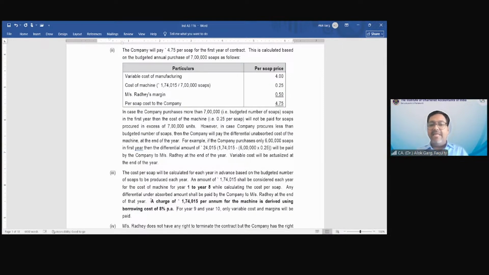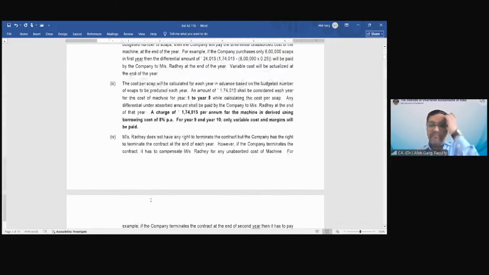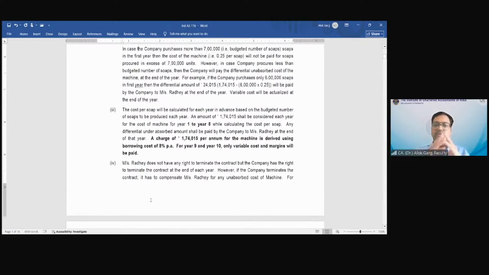For year 9 and 10, only variable cost and margin will be paid. So, year 9 and 10 में सिर्फ variable cost और margin pay होगा, but in year 1 to 8, a fixed charge of 1,74,015. So 1,74,015 का nature क्या है?